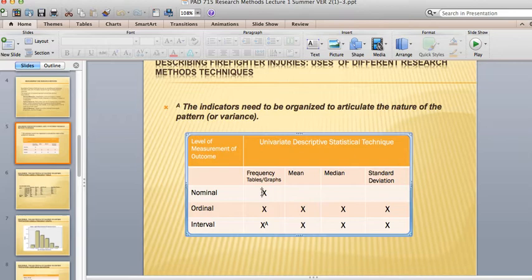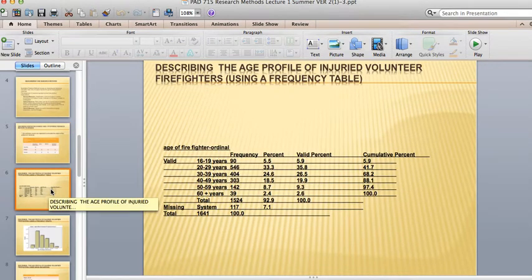Let's just take an illustration very quickly of working with a nominal or even an ordinal level variable, a management problem that's measured at the ordinal level, where we're going to use frequency distributions. And I'm going to show you how to do this on Tuesday night with the software. But here's an example.